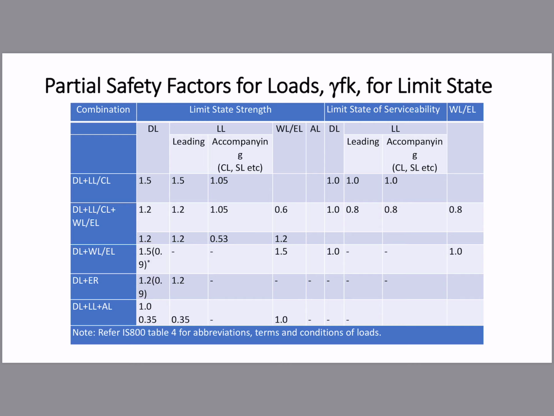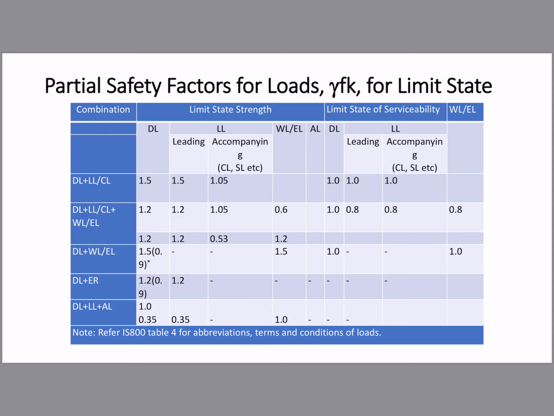That means even if unexpected loads come beyond our estimation, the structure can withstand those forces. That's why most codes, based on research and practice, suggest some factor of safety. This needs to be applied during the analysis stage in order to get the ultimate forces that need to be designed.